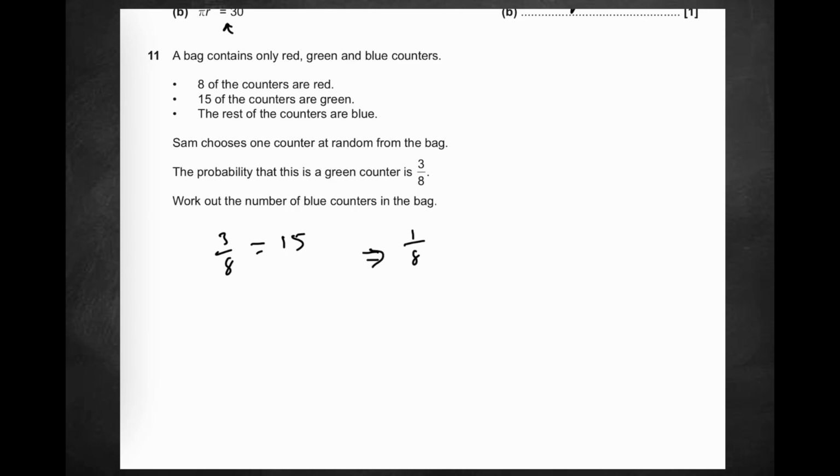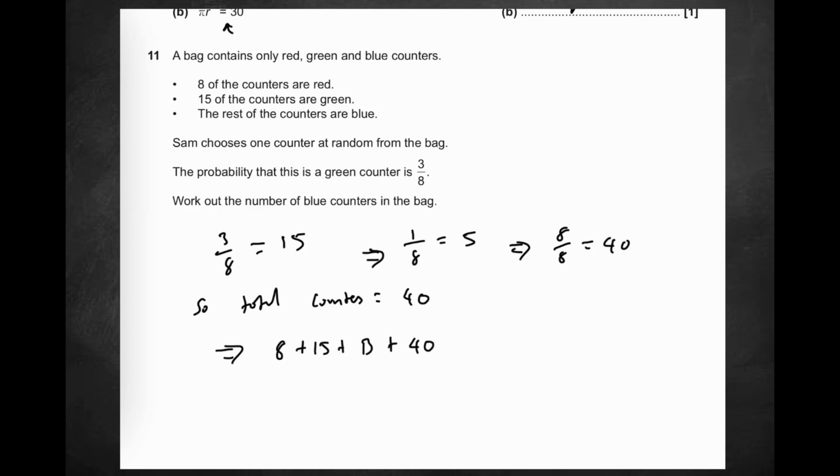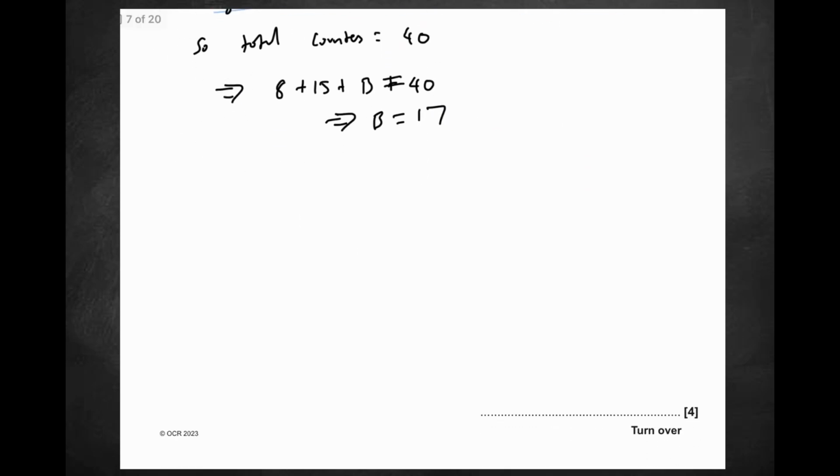So 1 out of 8, if we divide both sides by 3, equals 5. Therefore, 8 out of 8 equals 40. So total counters equals 40. Therefore, 8 plus 15 plus blue equals 40. Therefore, B must equal 17. So we must have 17 blue counters.